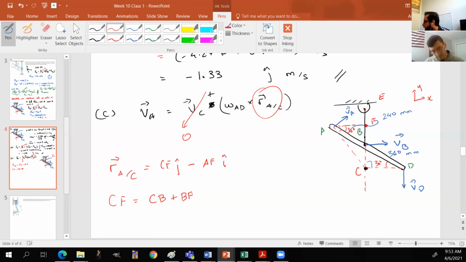So it's going to be CB plus BF. Let me also make it a little clearer: this is point B. So CB is what? 0.36 sine 30.